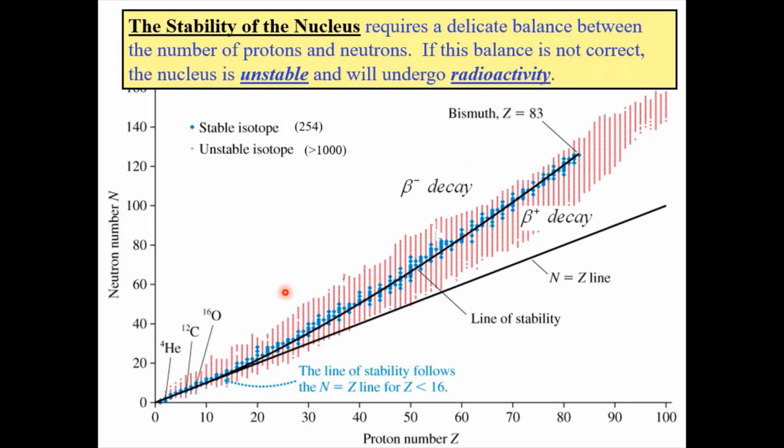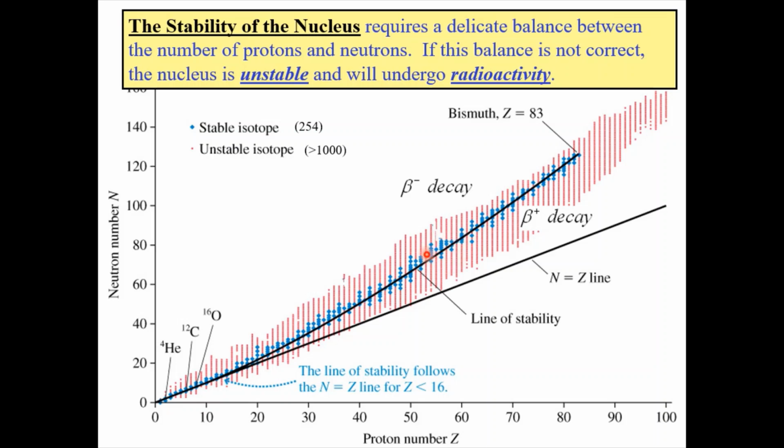I won't go into the details of this graph again, but basically there's just a thin region of stability, which are all the blue data points shown here. There are about 250 stable isotopes of all the various elements, and notice that the region of stability is very narrow on this graph. It's just a thin stripe.